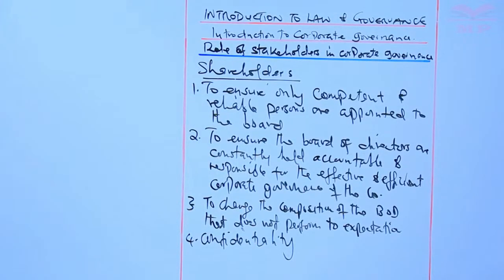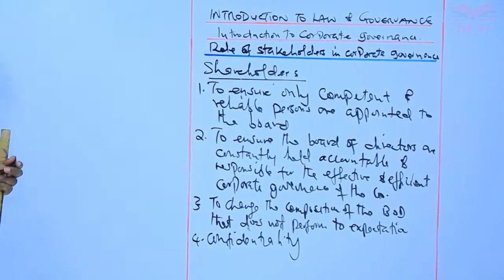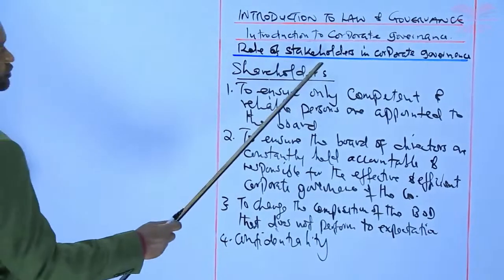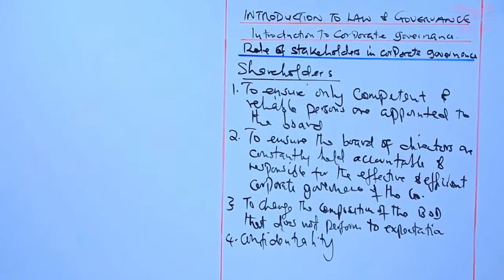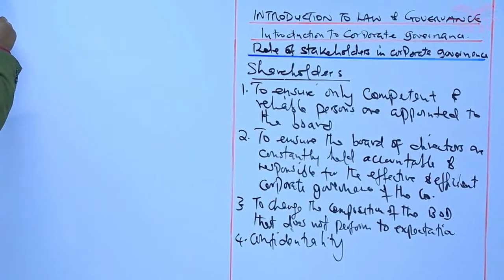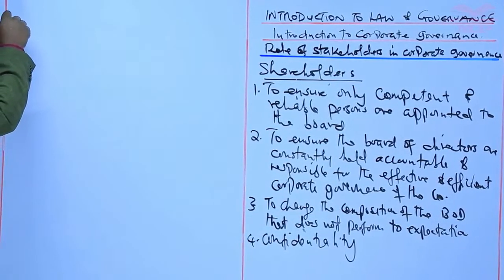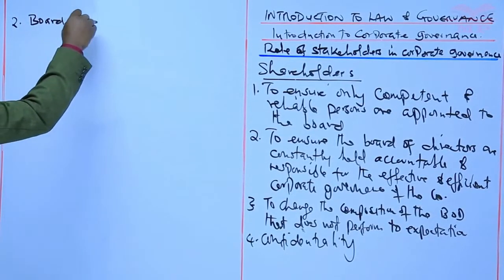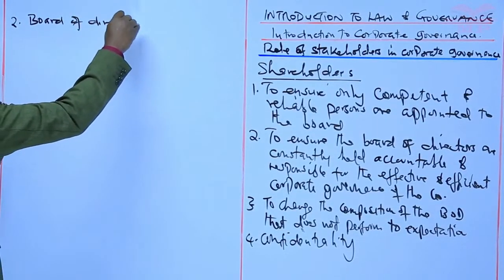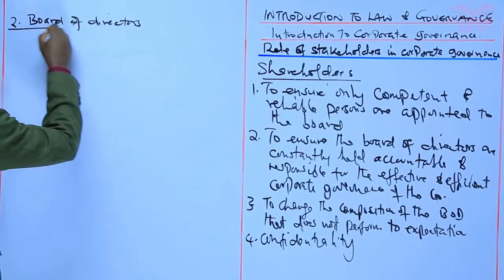Now let's move on to the second stakeholder. The first stakeholder is the shareholders. The second stakeholder is the board of directors. What is the role of the board of directors in corporate governance?